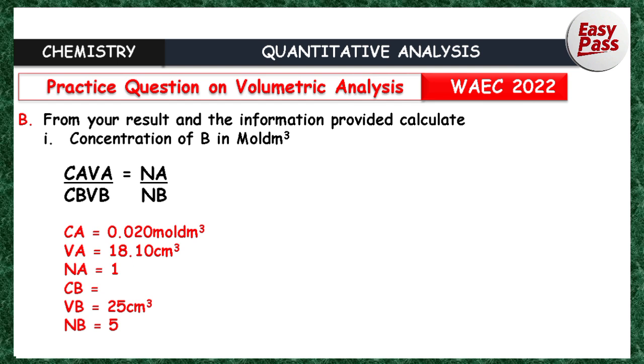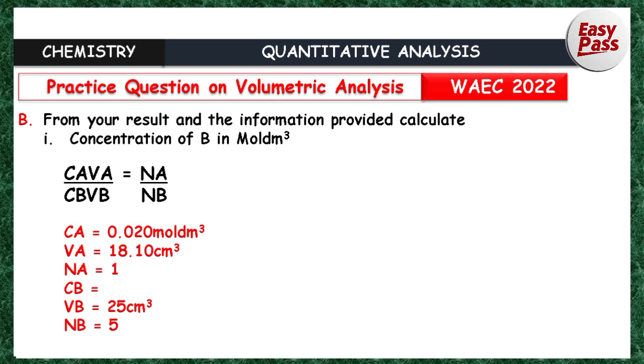When you cross multiply, you have something like this: CA VA times NB equals to CB VB times NA. We have CA VA NB equals to CB VB NA. We are looking for what? We are looking for CB.